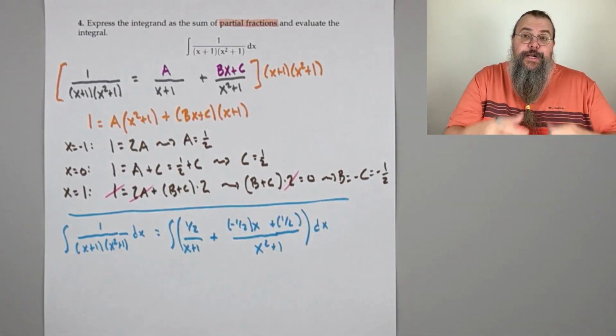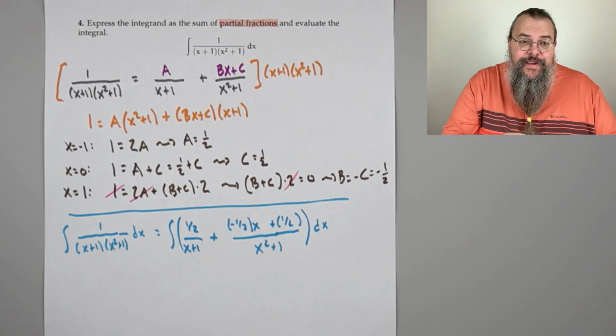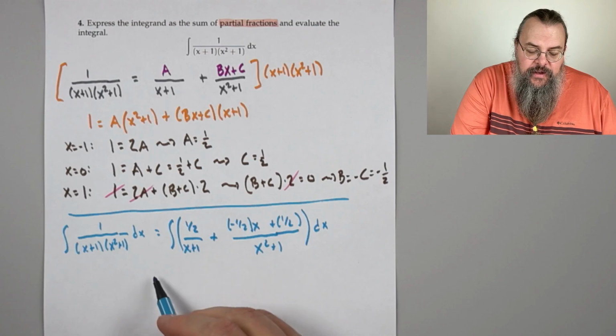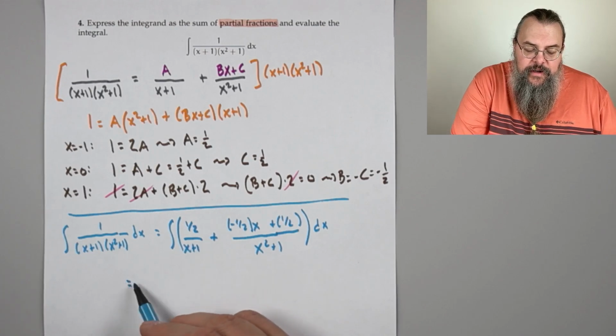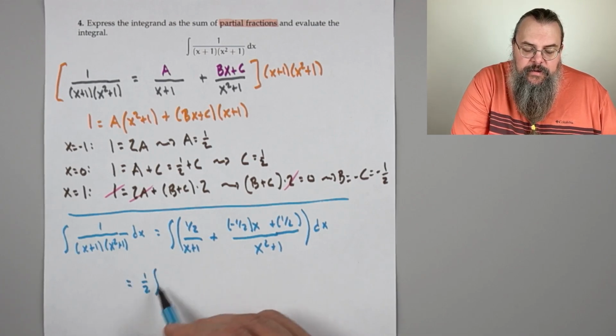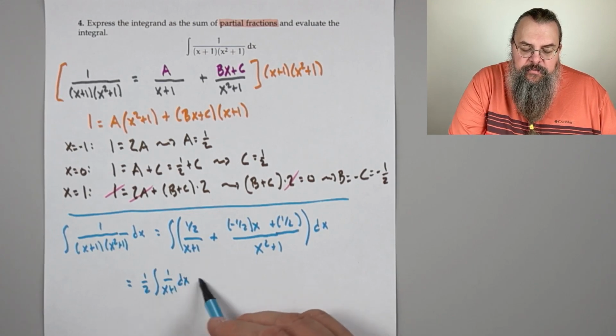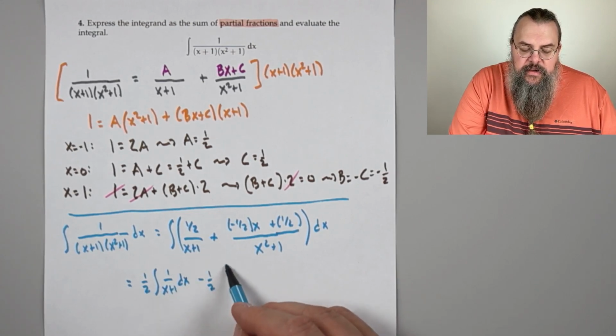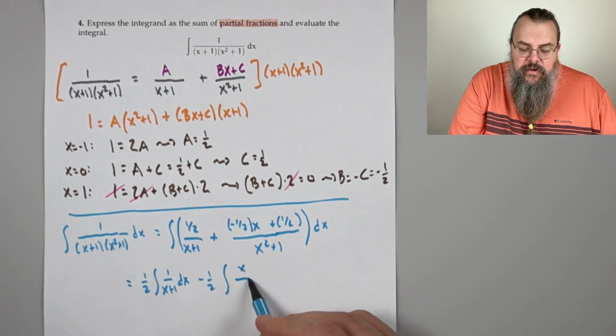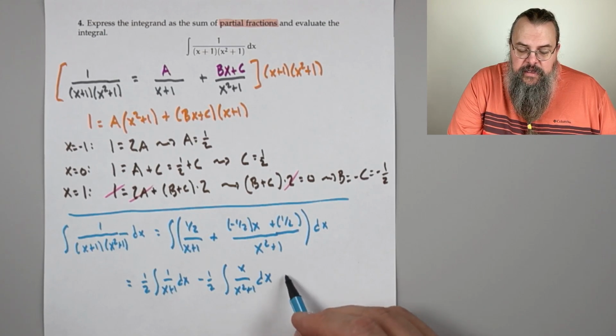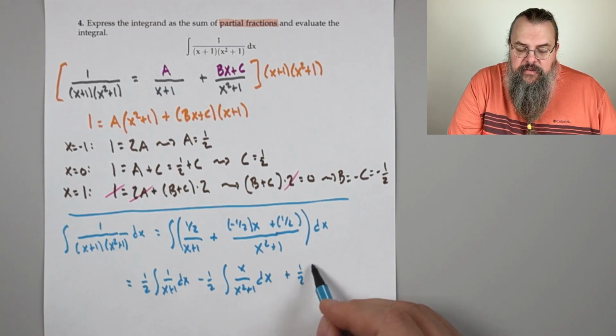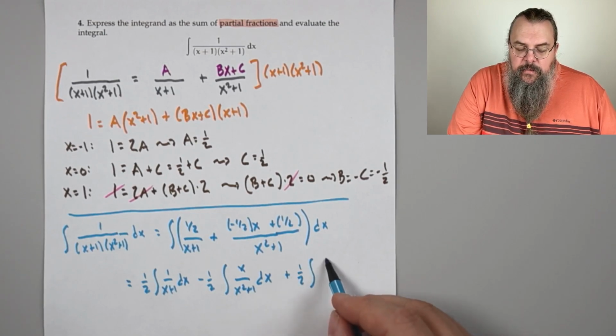Now, we're going to pull things apart even more, in particular the second term. So we'll do it as 3 pieces: a half integral of 1 over x plus 1 dx, then minus a half integral of x over x squared plus 1 dx, and then plus a half integral of 1 over x squared plus 1 dx.